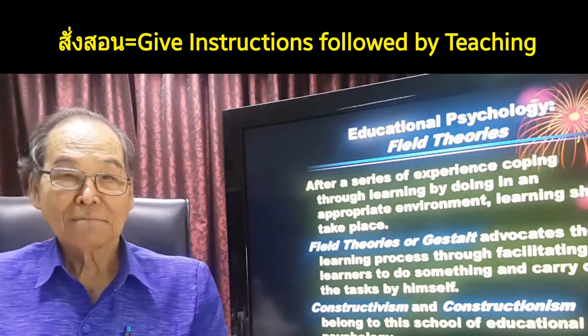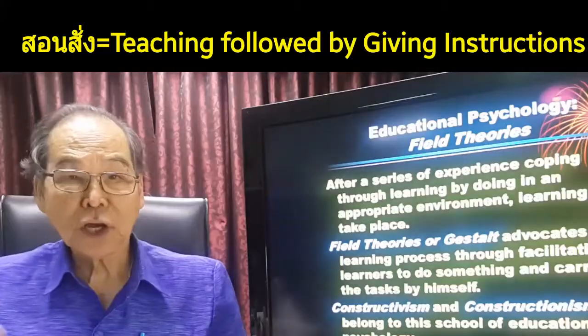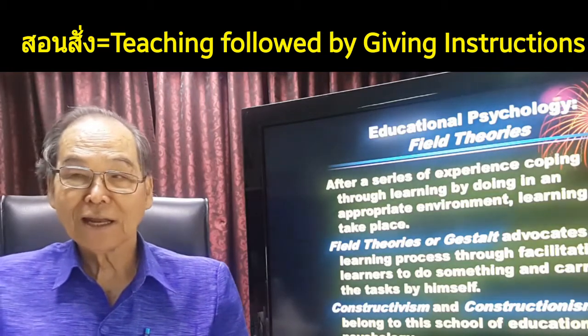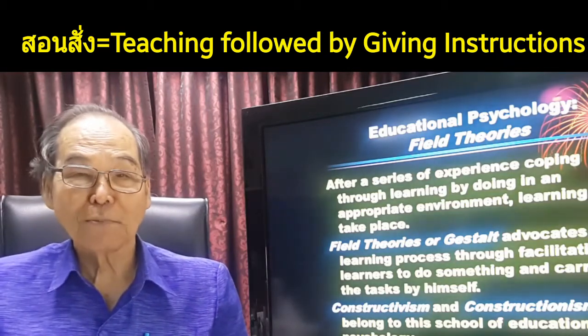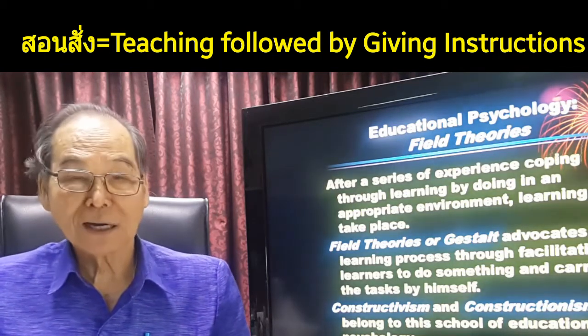See, but most Thai teachers, I don't know about China or elsewhere, try to teach first and then instruct. Teach and then let them do homework. Actually, it should not be homework at all. It should be class work.